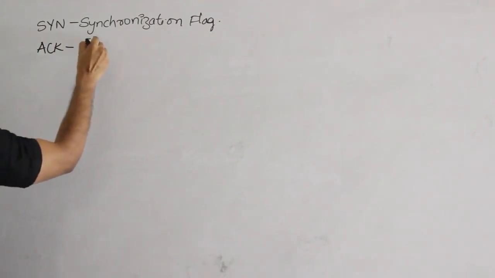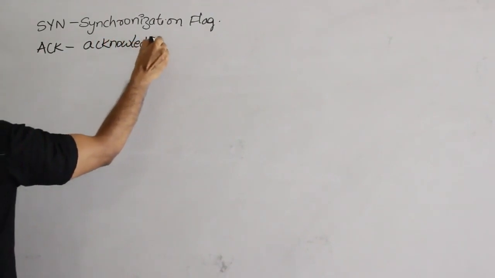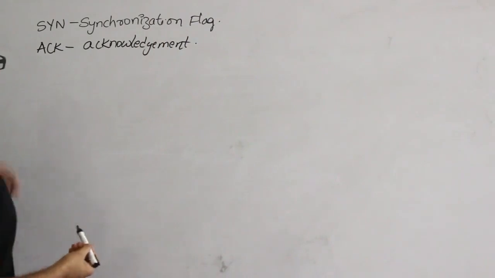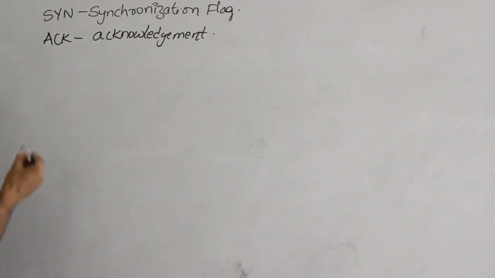ACK flag means acknowledgement flag. These two flags are used in such a way that if the SYN flag is set, I'll just take an example and explain where they are used here.